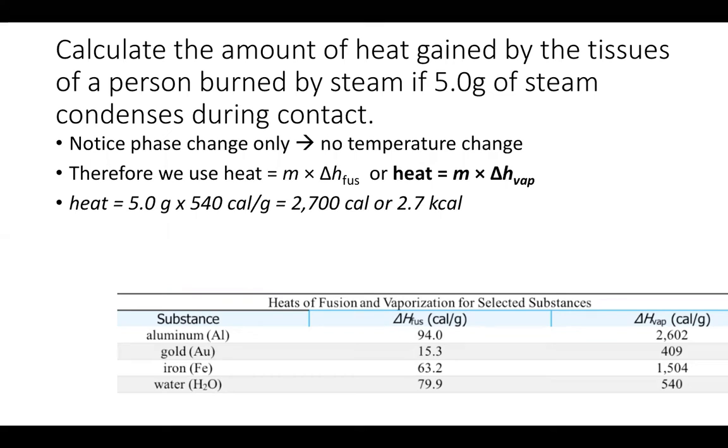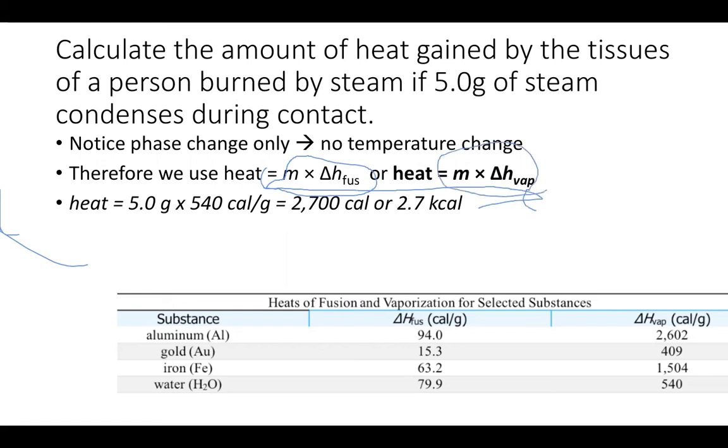And therefore, we want to use these equations here. Oh, my mouse keeps disappearing. Okay, here it is. All right. We want to use one of these equations: either m times delta H of fusion or m times delta H of vaporization.